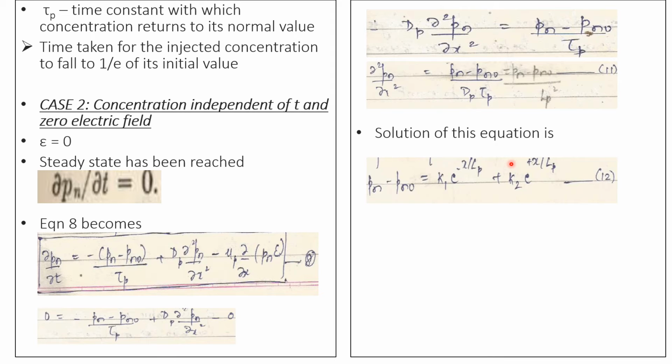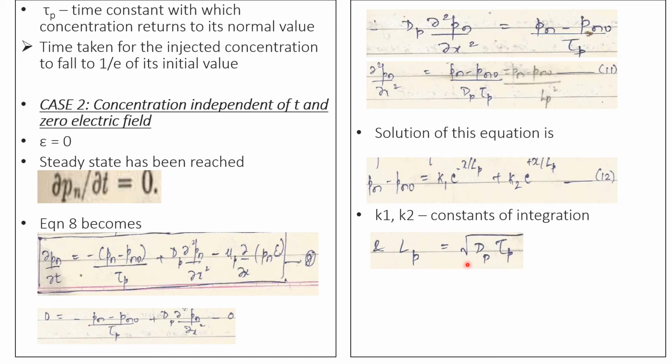Solution of this equation will be p_n minus p_n0 is equal to K1 into e raised to minus x by L_p plus K2 into e raised to x upon L_p. Equation 12. Where K1 and K2 are constants of integration. And L_p is equal to square root of D_p tau_p. Equation 13.